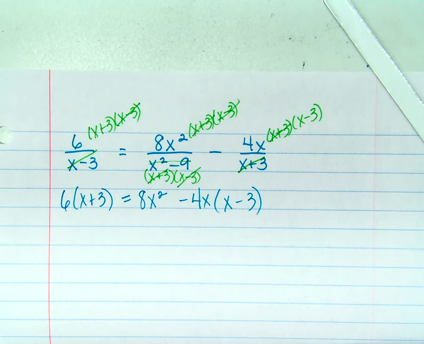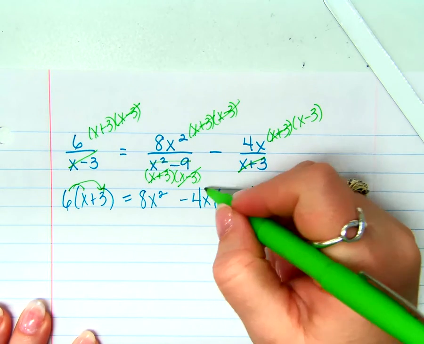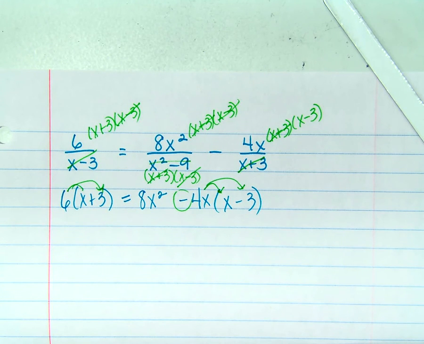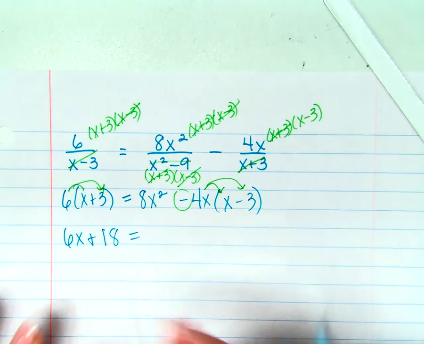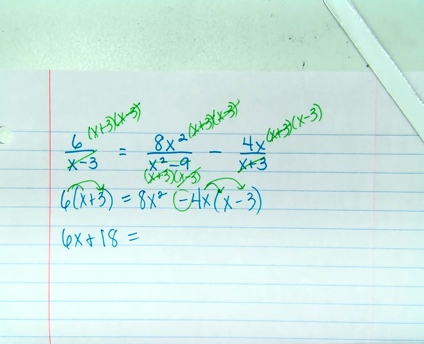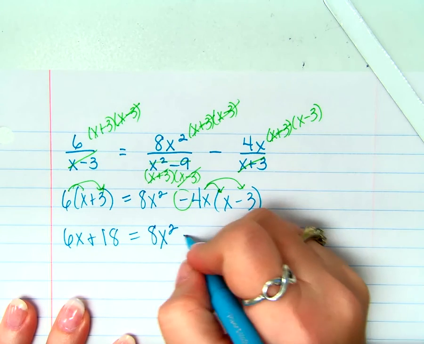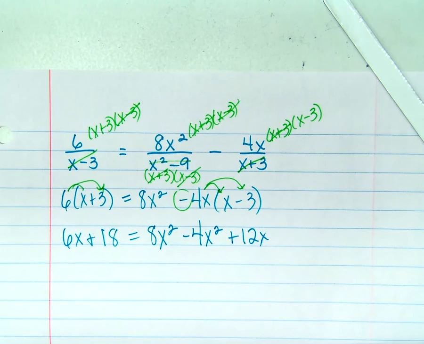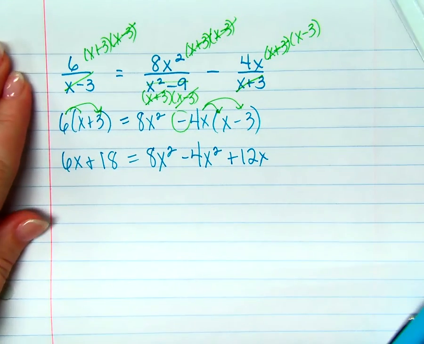So what we need to do now is just go ahead and simplify. We need to distribute here and here, remembering that sign right there. Does that make sense? So we get 6x plus 18 equals what? Good. 8x squared minus 4x squared plus 12x. Where do I want everything?